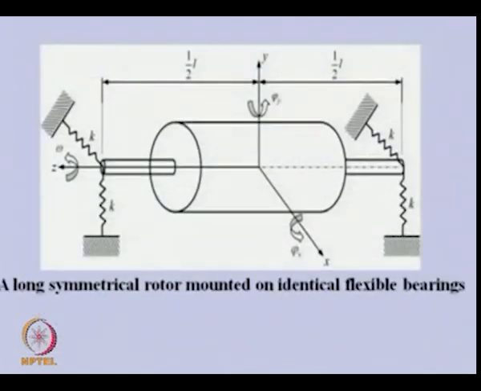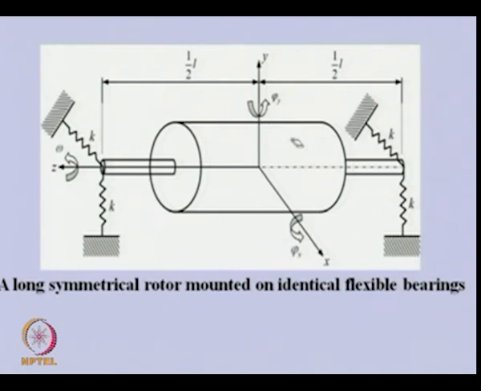So, this is the rotor system which is supported by springs in two directions. We have been given the values for this particular case, and especially in this case, the coupling between the translatory motion and the tilting motion is not there.